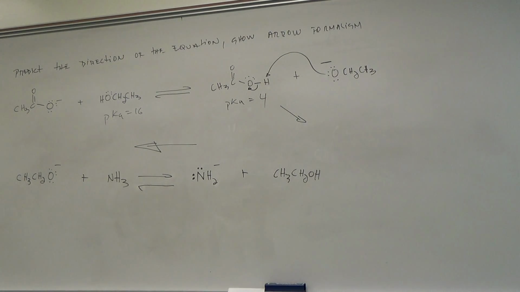I want you to read it and kind of know the stuff in that table. It shows you the pKa's of common things, and the common things you have to know: is a carboxylic acid acidic or no? Yes, a carboxylic acid is acidic.